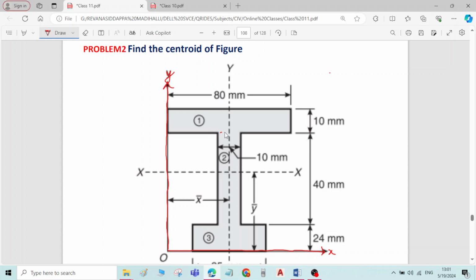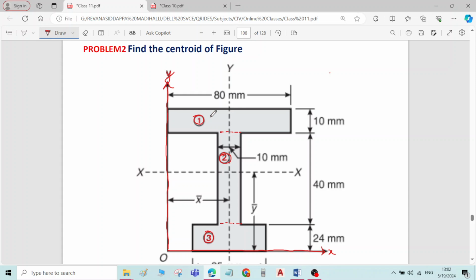I will divide this whole I section into three rectangles. I have called this rectangle number 1, this rectangle number 2, and the bottom one rectangle number 3. So I have divided the whole figure into three components, three rectangles.